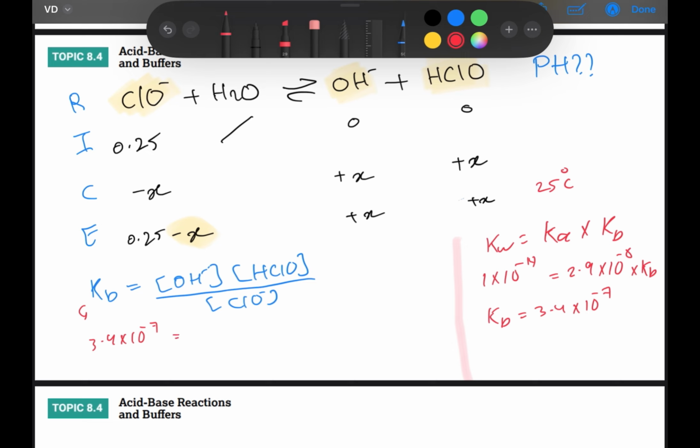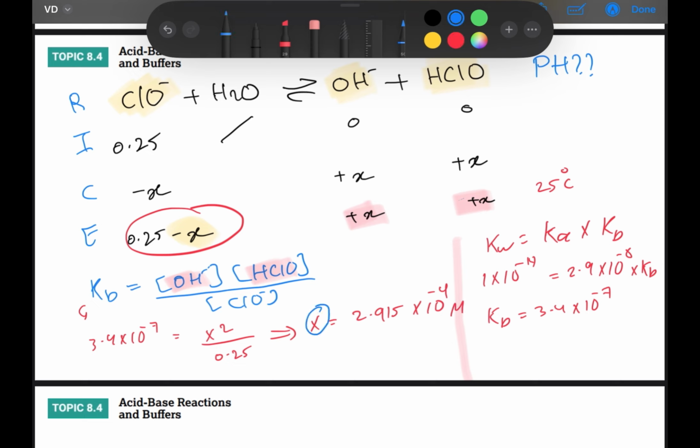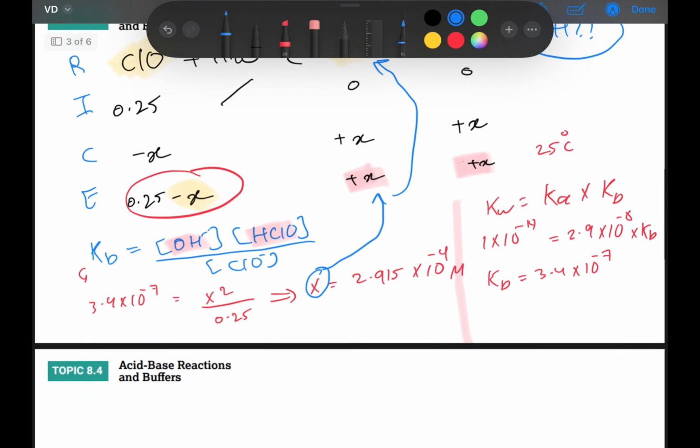So Kb is equal to 3.4 times 10 to the power negative 7. The concentrations of OH and HClO are represented in terms of x, so x squared over the concentration of ClO negative, which is 0.25. If you apply some math, you will end up with x equal to 2.915 times 10 to the power negative 4 molar. Keep in mind, guys, the value of x represents the concentration of OH, and my target is to calculate the pH.